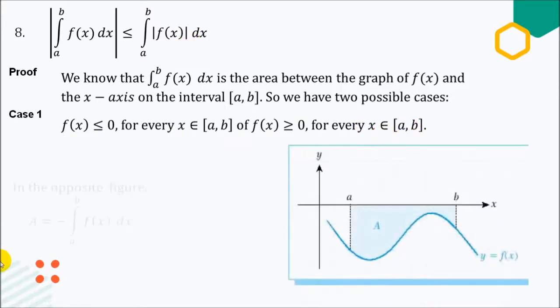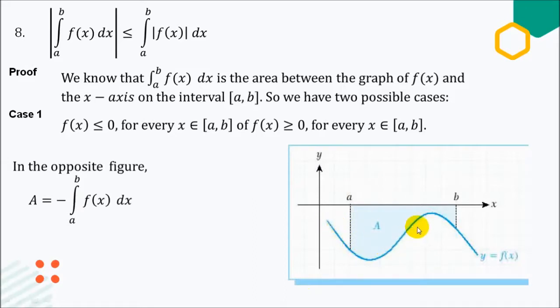Let's see the figure here. Let's see this function f(x). It is below the x-axis, right? So it means f(x) is less than or equal to 0. So the area will be negative if we use the integral. We have the area A as positive and negative A here.